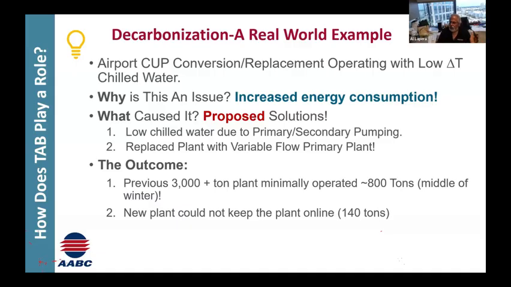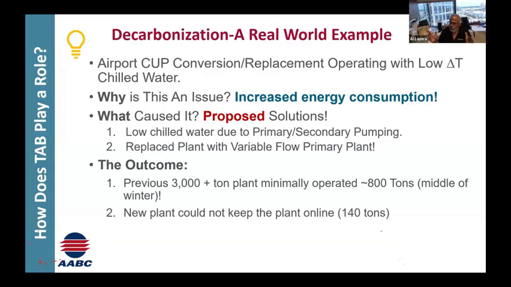While it may not get as cold here as it does up in the Midwest, we do get into the 40s and 30s sometimes here in Tampa. Well, the smallest amount of tonnage we ever saw in any of that 8 years of trending was 800 tons. That plant was a primary-secondary plant, constant volume primary, variable flow secondary.